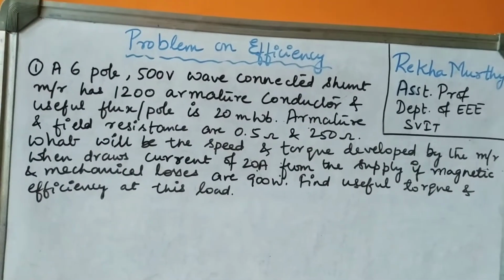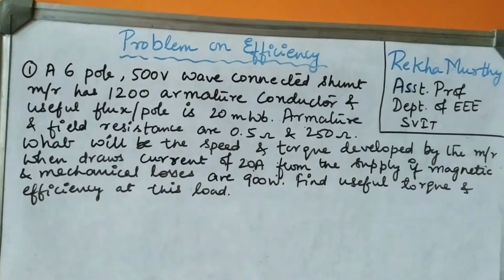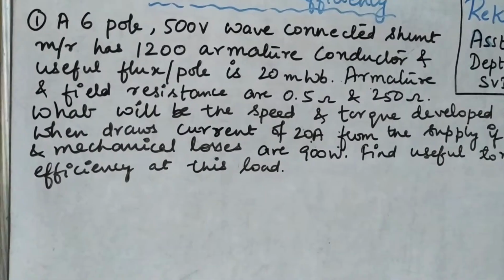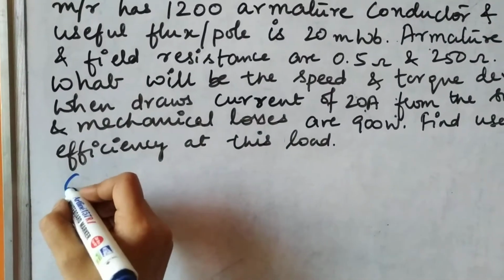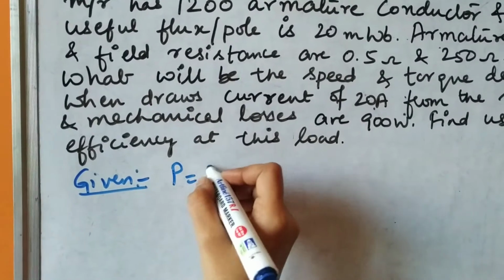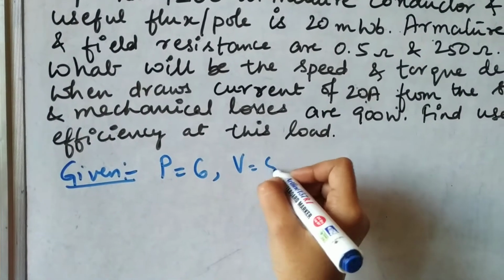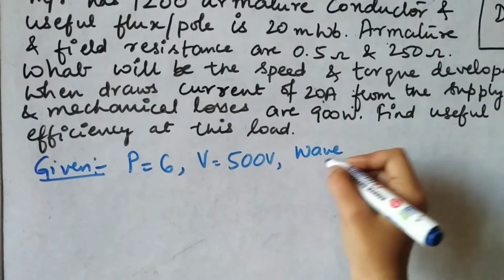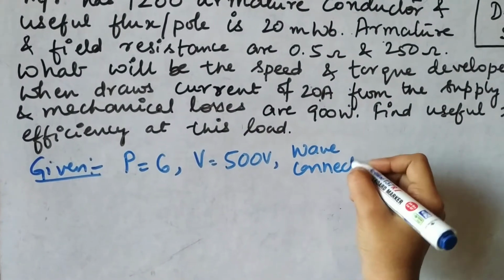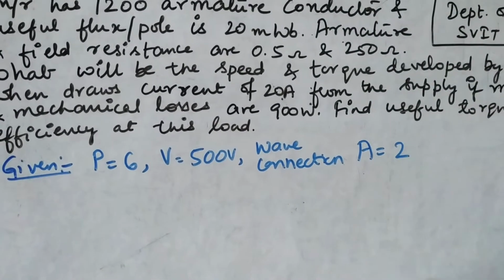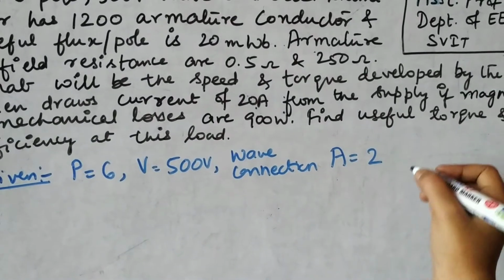Now, let us write down the given data. Number of poles is 6 and the supply voltage is 500 volts, and it is wave connected. Wave connection means we have to take the number of parallel paths as A equal to 2. It is a shunt motor.